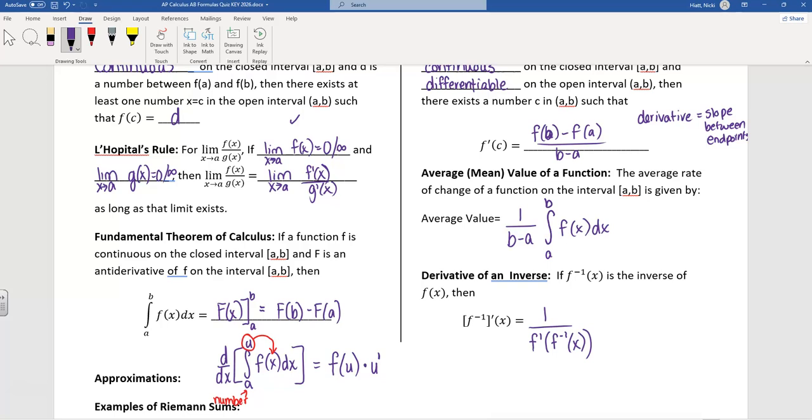There. So it's almost backwards. You're doing f inverse prime. Like the inverse comes first and then the prime, so it's f prime of f inverse here. And you'll see some of these on the review stuff that we're doing.